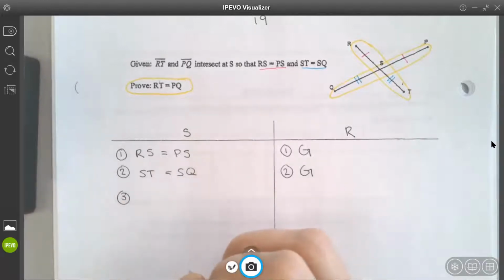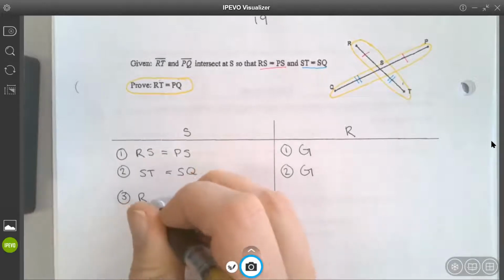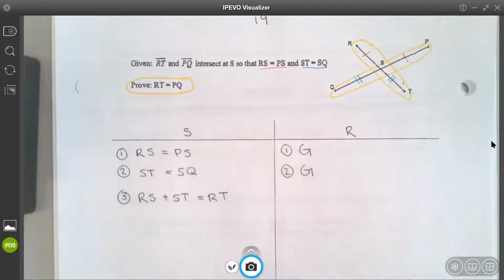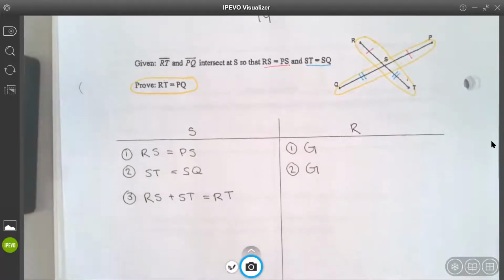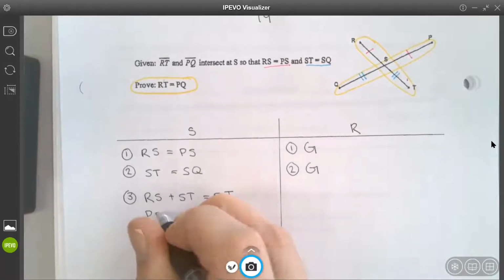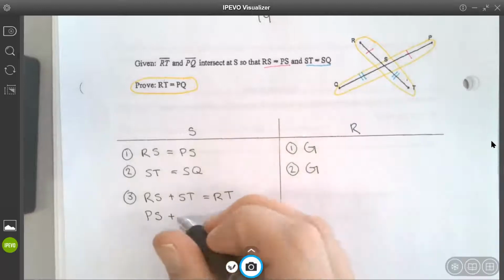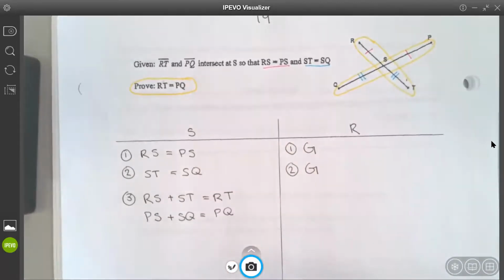I'm going to say that RS plus ST equals RT. And in this same step, I'm going to say that PS plus SQ equals PQ.